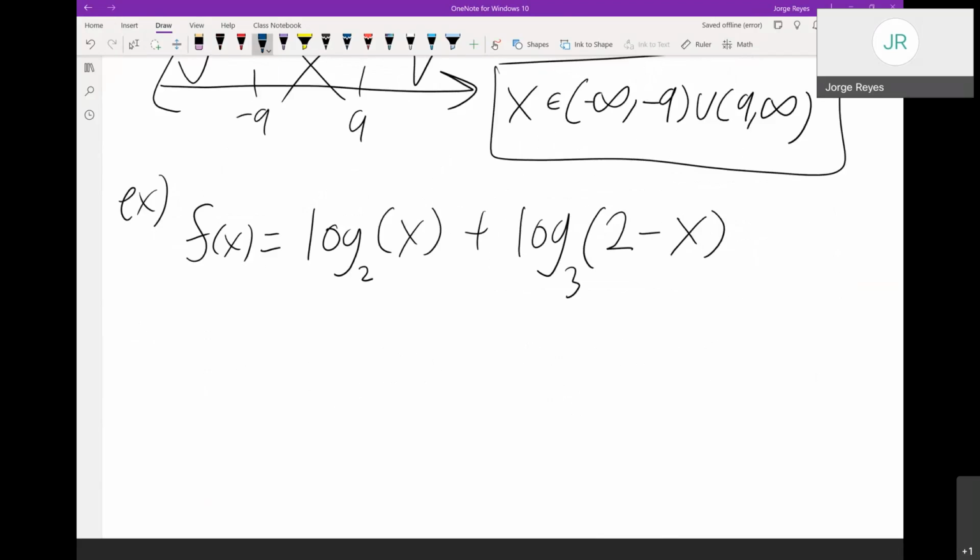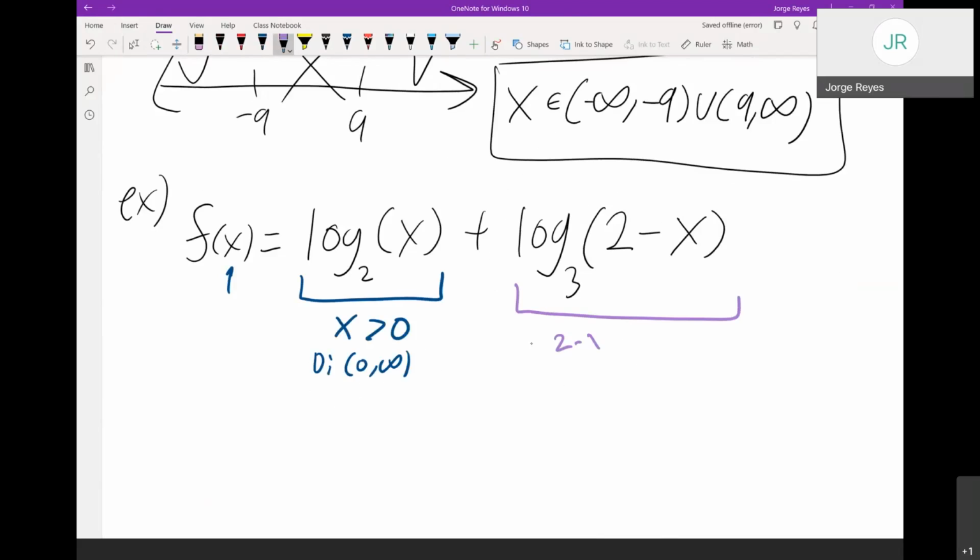Or we're going to find where we can plug in one x into both of these. So this one is the normal log function, so this should be x greater than 0. This one is different. You would need 2 minus x greater than 0. So that means 2 greater than x, which is actually negative infinity to 2.